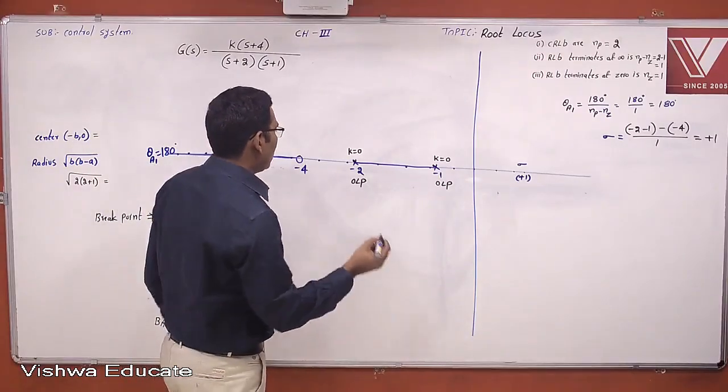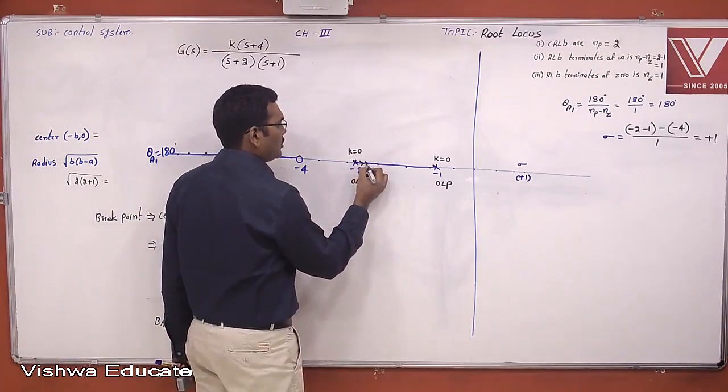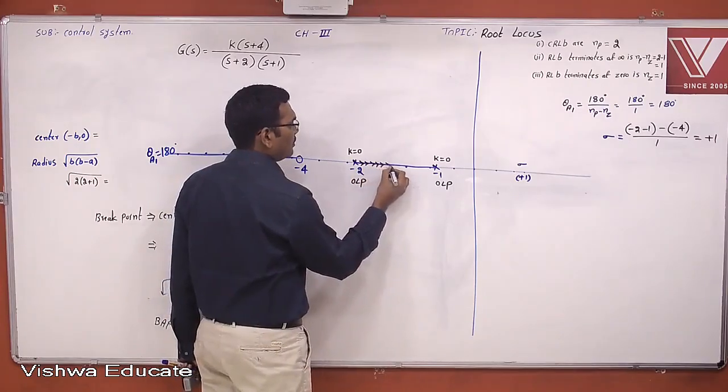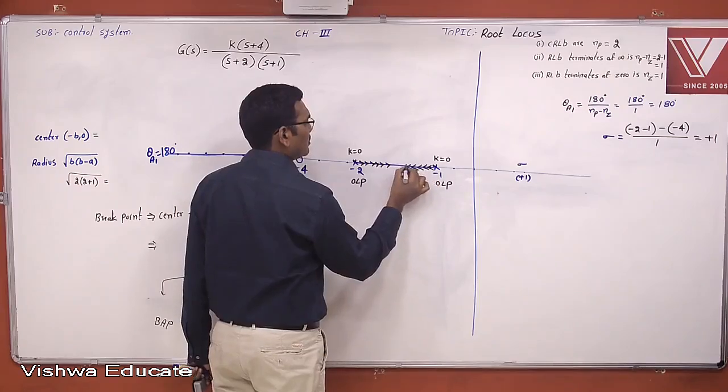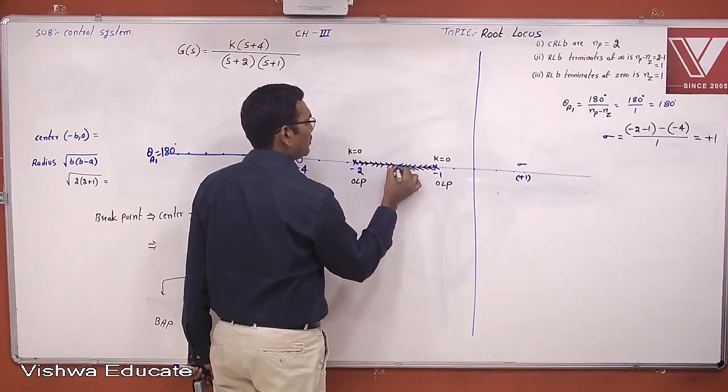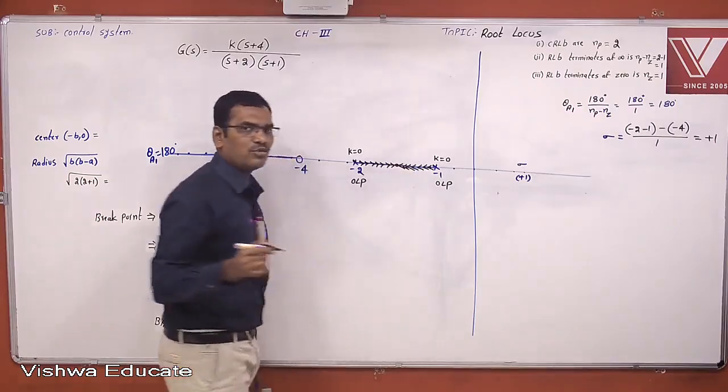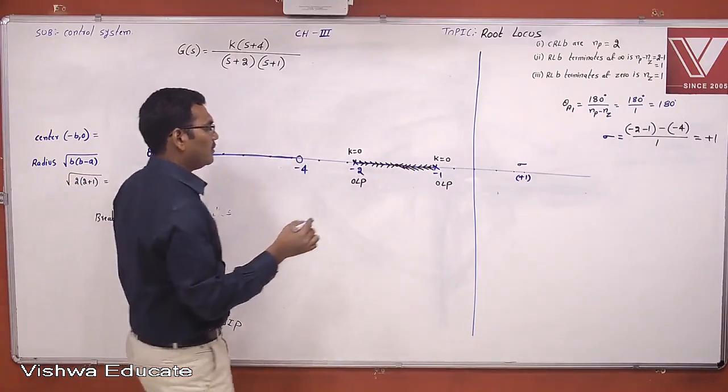Now in the root locus diagram, as k is changing, the closed loop pole is moving. This is the closed loop pole movement. And these two are meeting at a particular point.